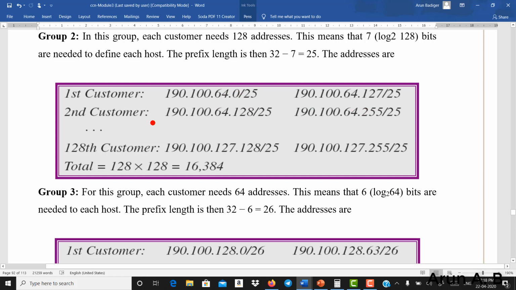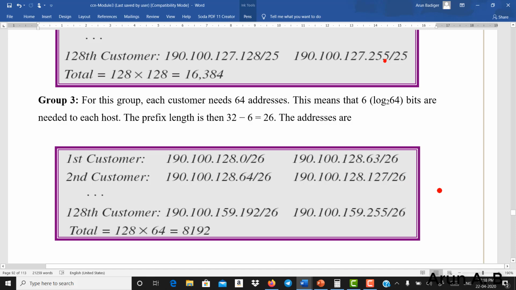Therefore we divide 128 by 2, we get 64. For this 64, we add 64, we get 128 minus 1, that is 127. This will be the last final IP, 127.128 to 256. And again we have a total of 16,384 IP addresses.